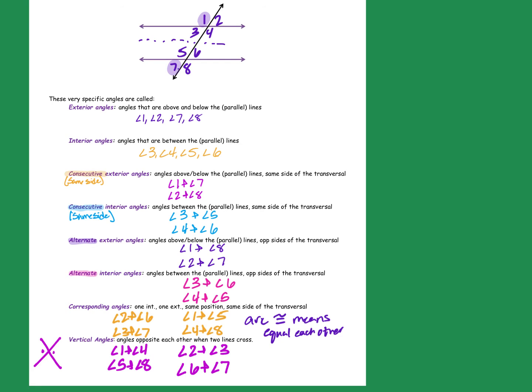So that means consecutive exterior. So guess what 1 and 7 are? Supplementary, right? Because 7 and 3 are also equal, and 1 and 3 make a line, and these make 180. So I can substitute in, so 1 and 7 equal 180 degrees. Okay, so those are supplementary.